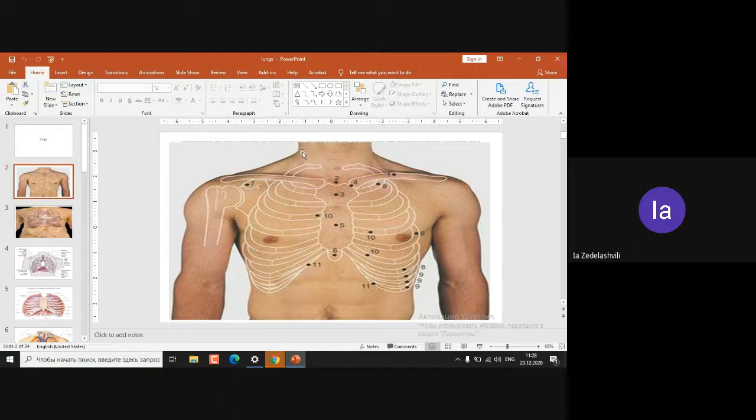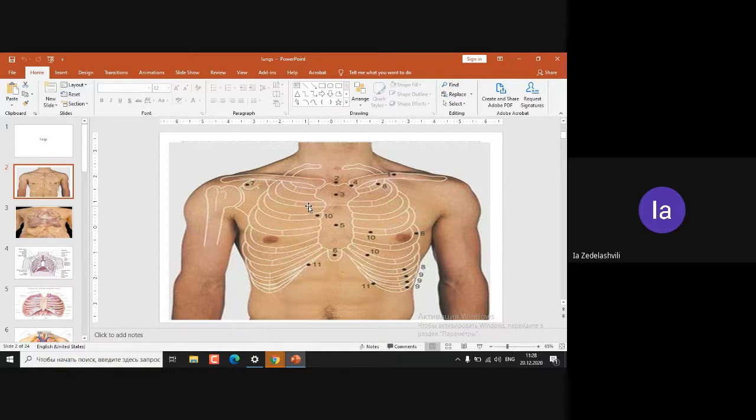So first, once again, skin, color of the skin. Second, shape of the body. Third is palpation. What is palpation, my dear?